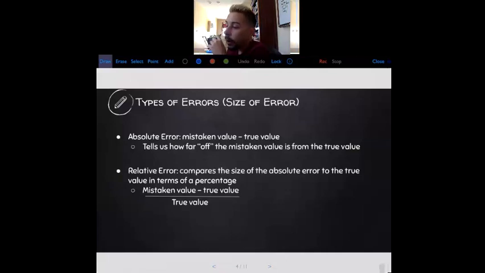Then the relative error compares the size of the absolute error to the true value. Relative error, just like relative change, is always expressed as a percentage. Remember, when we do this calculation, mistaken minus true divided by true, this gives us a decimal. So I'm going to add times 100 here, and then we'll say express as a percent. Without the times 100, it gives it to you as a decimal.